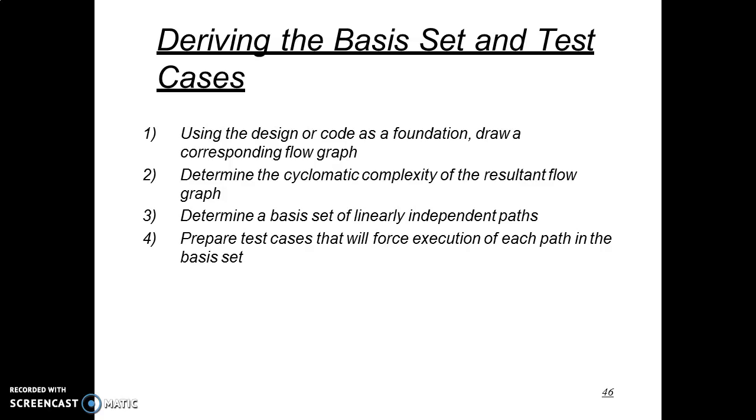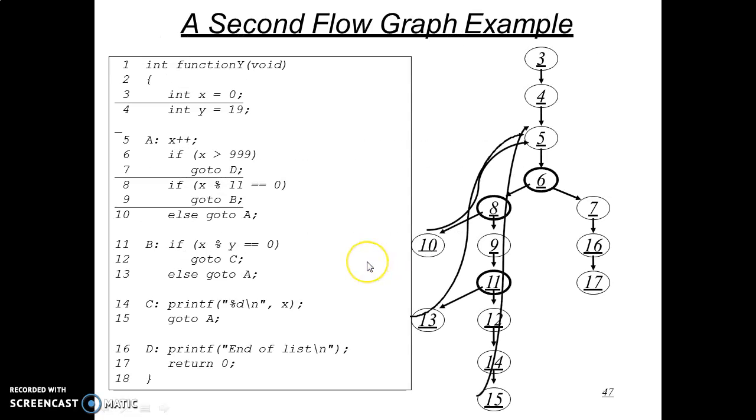So these are the steps to derive the test cases. First draw the flow graph from the code, then identify the cyclomatic complexity, then find the independent paths, and based on these paths write the test cases that will force execution of each path in the basis set.